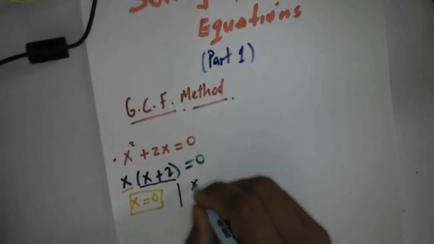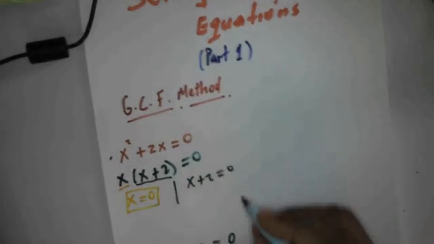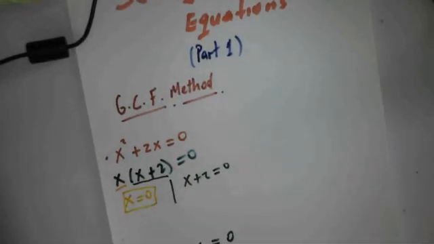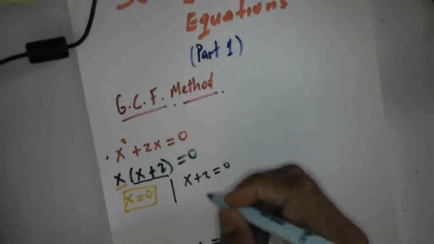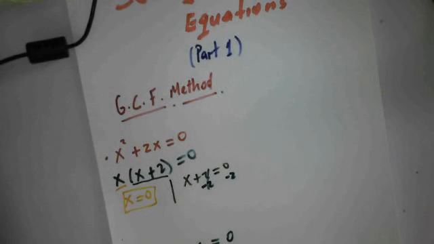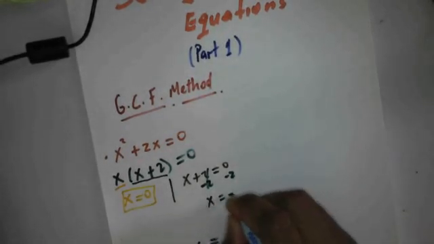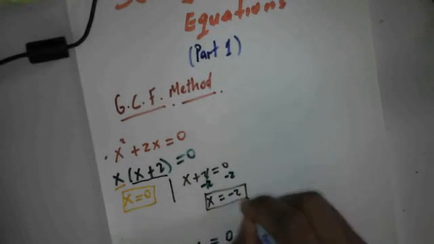So it would be x plus 2 equal to 0. And of course, to solve this equation, you will subtract 2 from both sides. So x equals -2. And this is your other solution.